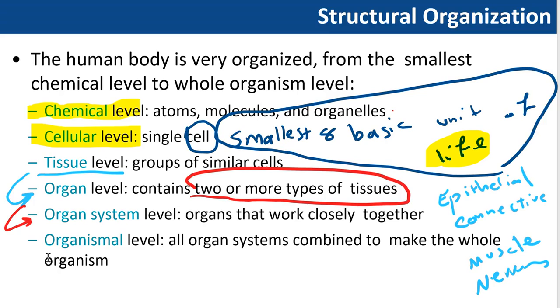And at the organismal level, all organ systems combine to make the whole organism, like you and me. So, for sure, you should know these levels of organization from the chemical level to cellular, tissue, organ, organ system, and then organismal level.